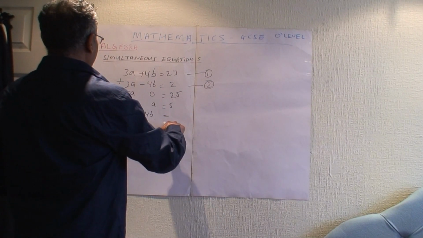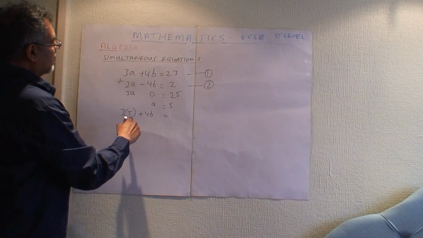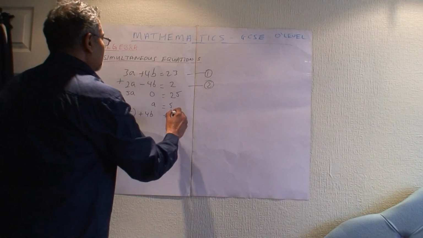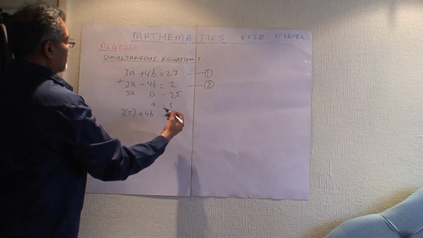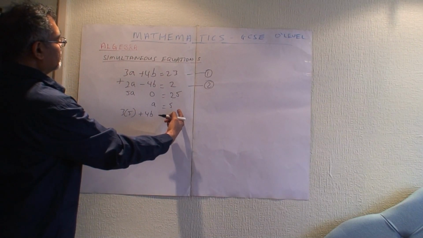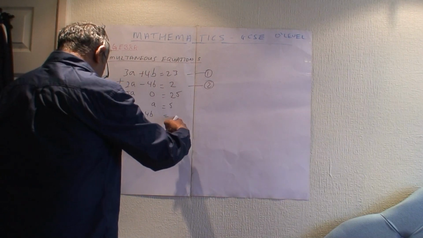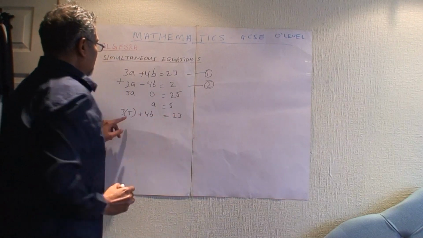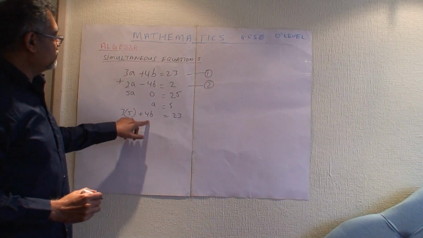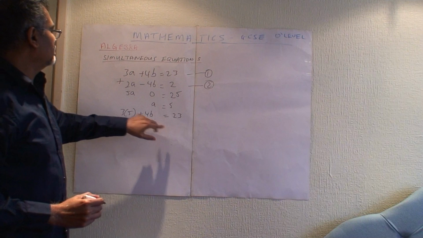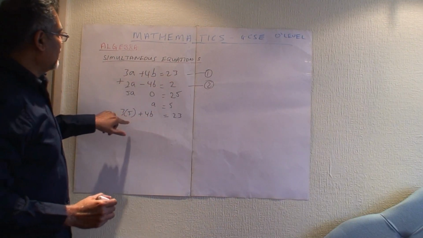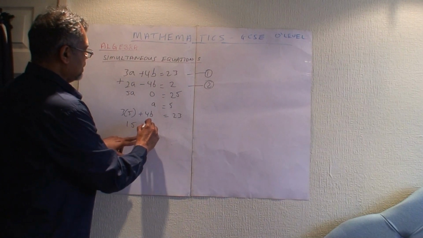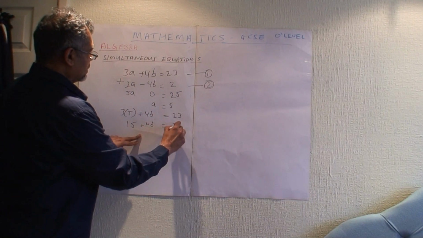So 3 multiplied by 5 plus 4b is equal to 23. Now 3 5s are 15, plus 4b, we don't know what 4b is yet. That is equal to 23.